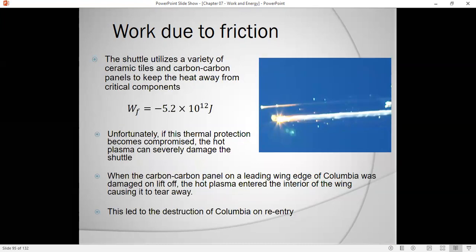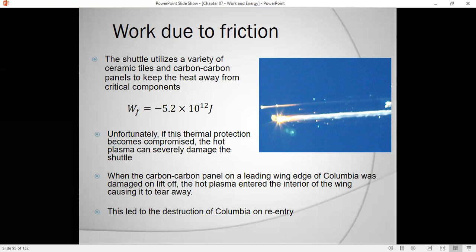Now, unfortunately, in most cases, these heat tiles are fine and they protect the shuttle and keep the plasma from melting any of the components of the shuttle. But on one of the shuttle's journeys, the Columbia space shuttle received a hole in its wing due to falling ice during liftoff, or I should say falling foam.